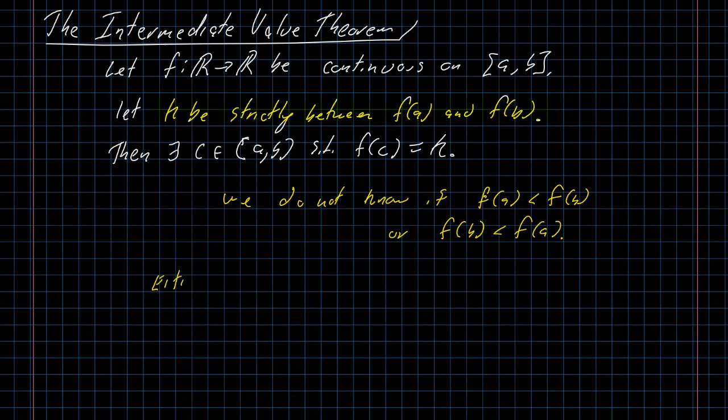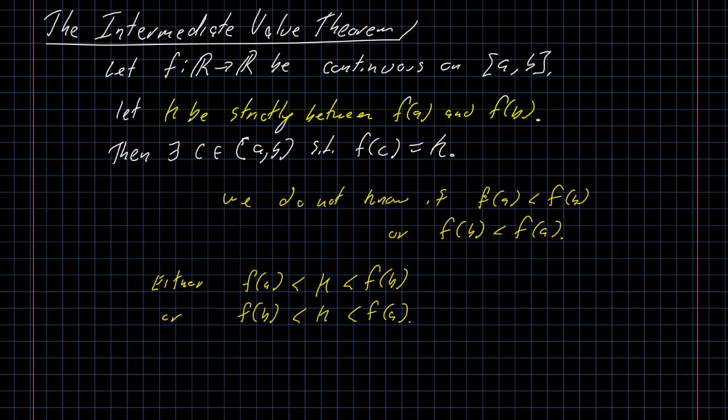So either f of a is less than k is less than f of b, or f of b is less than k is less than f of a. One of those things has to be true.